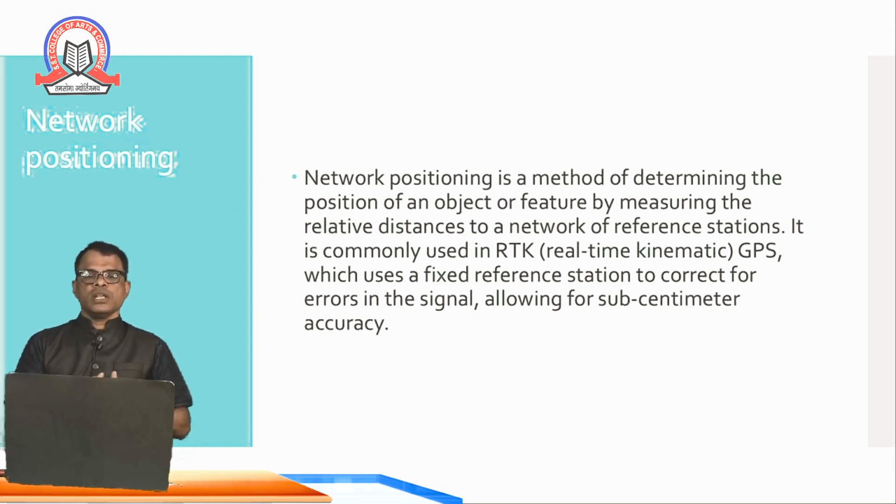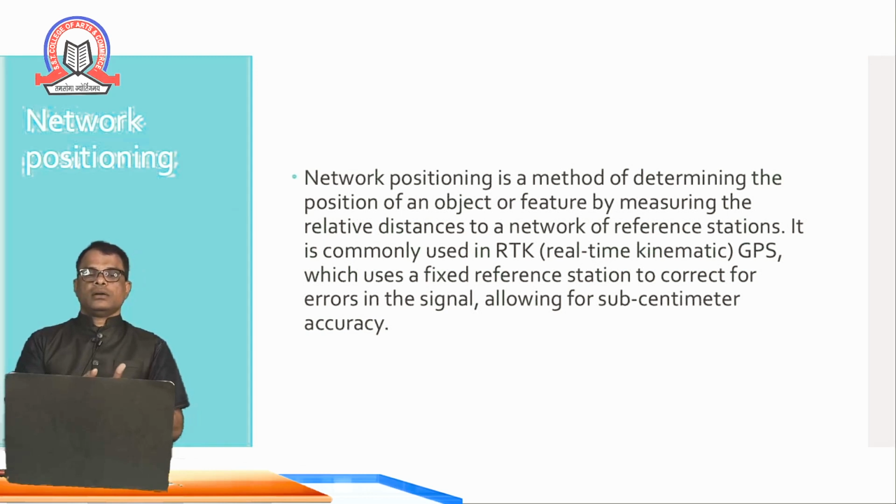So network positioning is a method of determining the position of an object or feature by measuring the relative distance to a network or reference station, and it is commonly used in RTK, real-time kinematics.